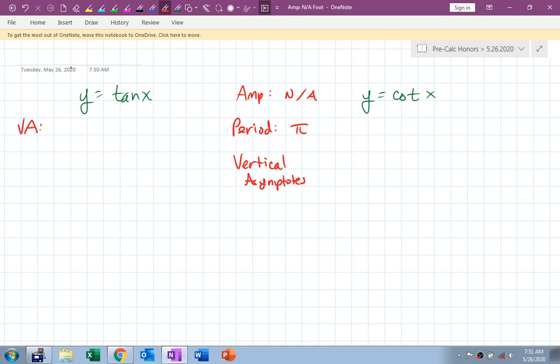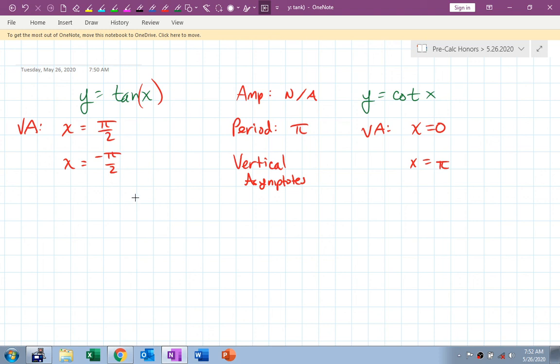To find them, you take whatever you're taking the tangent of and make it equal to pi over 2 and negative pi over 2. With cotangent, you make it equal to 0 and pi. So those are the two differences. You're going to have to remember those, or jot them down.